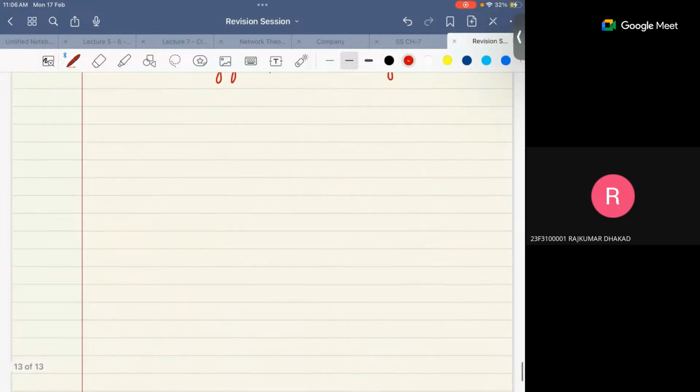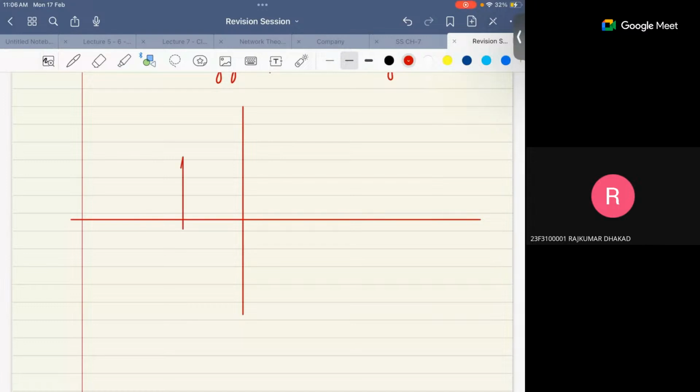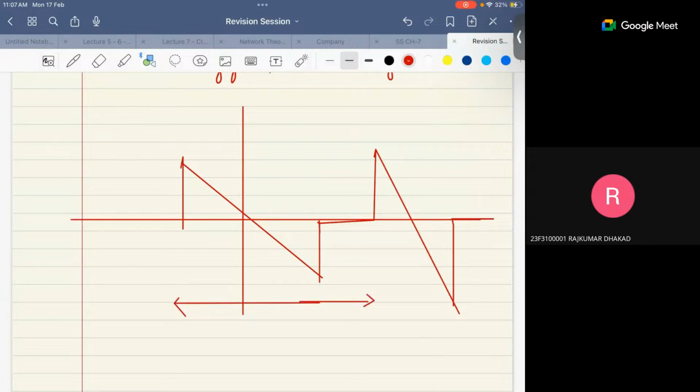Or if you've been given something like this, you have to take care. See, if the signal is something like that, and again it is starting here, the time period that you will be taking should not be only this one. You have to take it from where it is getting repeated.